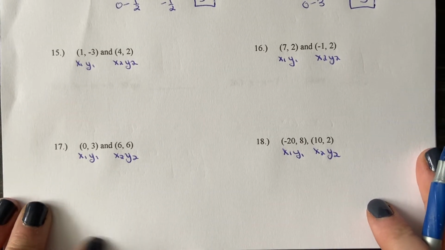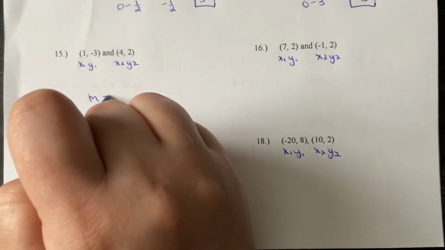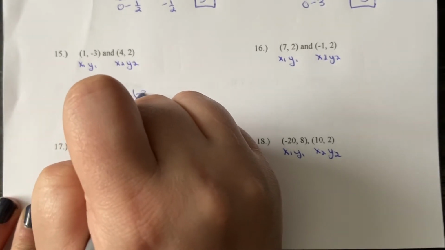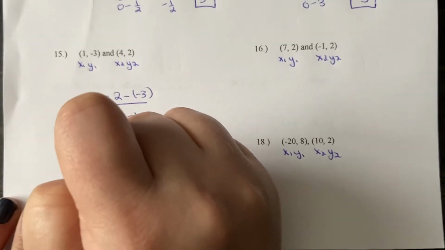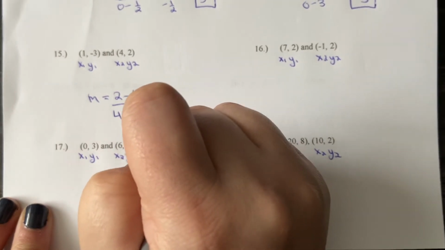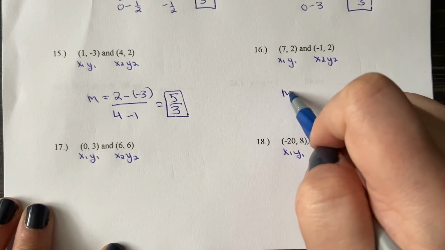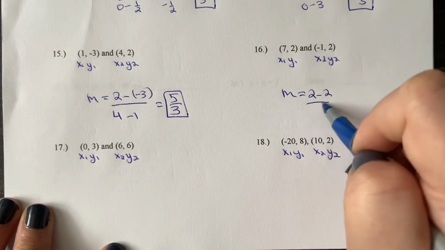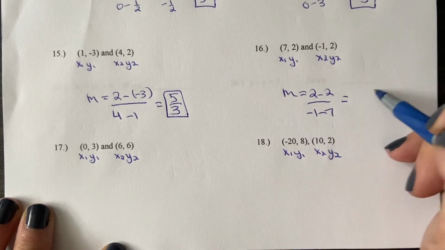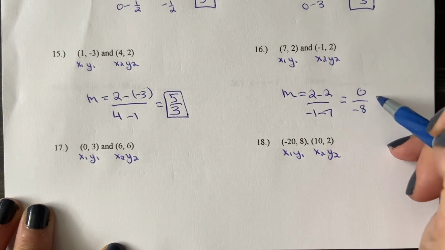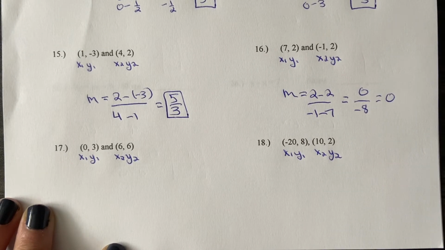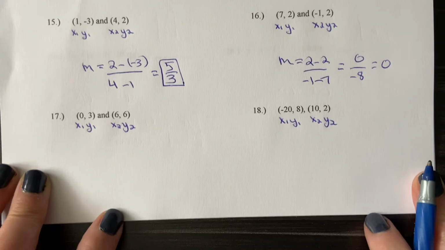Okay, so then for 15, 2 minus a negative 3 all over 4 minus 1 is 5/3. 16, I would have 2 minus 2 all over negative 1 minus 7, or 0 over negative 8, which would just give me 0.